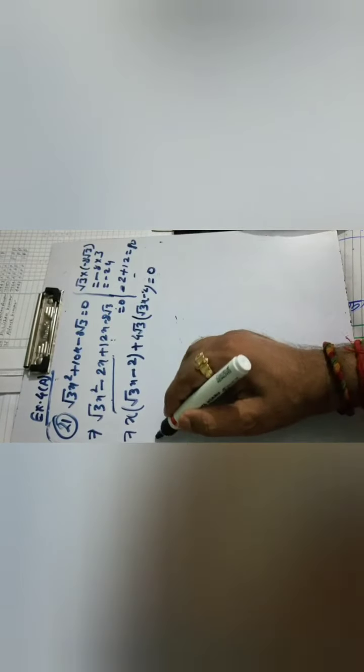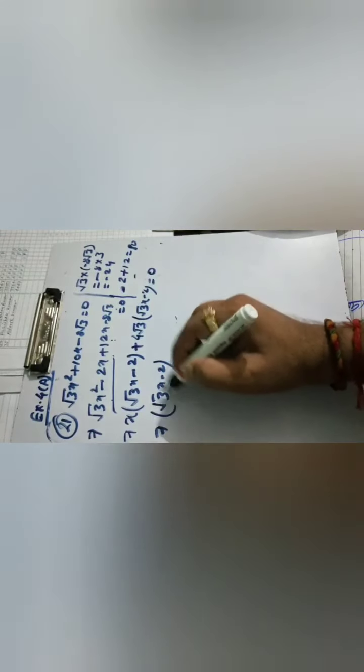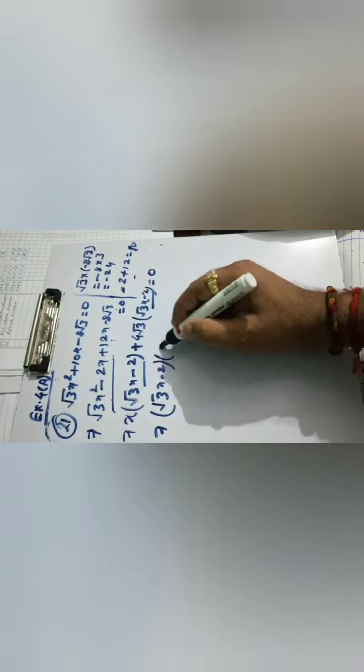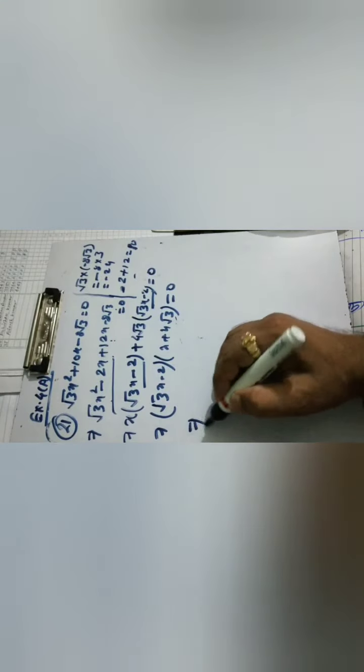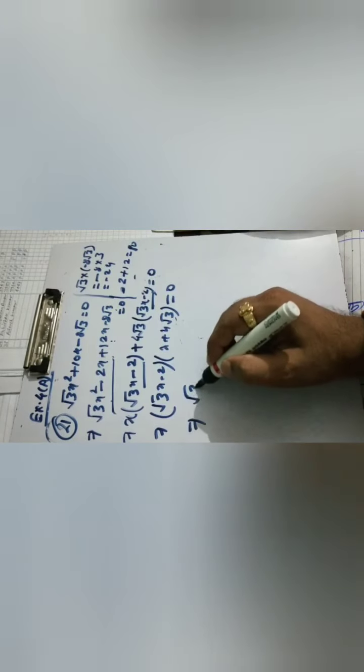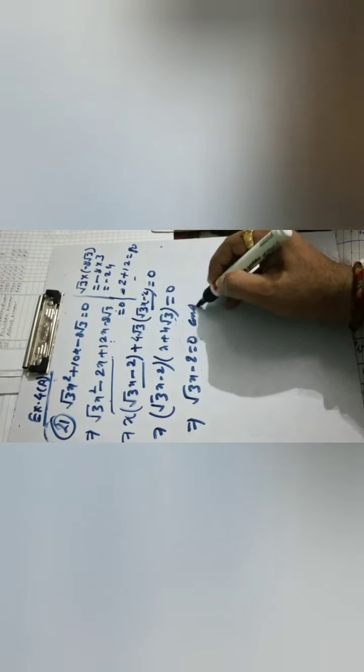Now root 3x minus 2 is common. Here root 3x minus 2, here also root 3x minus 2, then x plus 4 root 3 will be there, is equal to 0. And this implies that either root 3x minus 2 is equal to 0 and x plus 4 root 3 will be equal to 0.